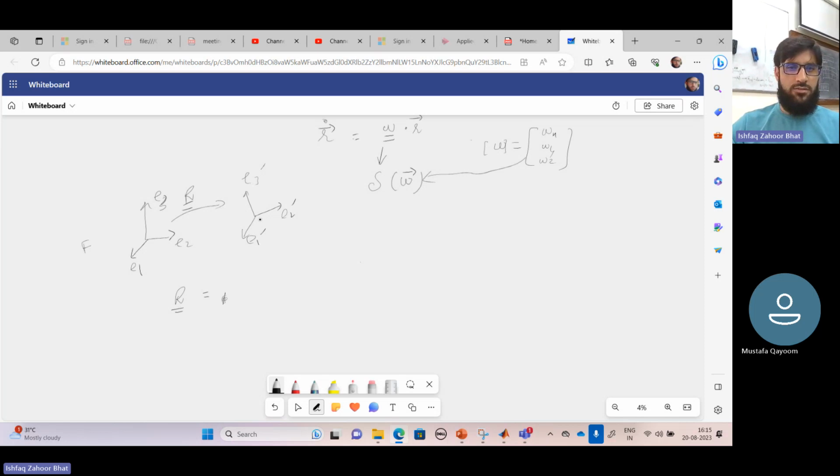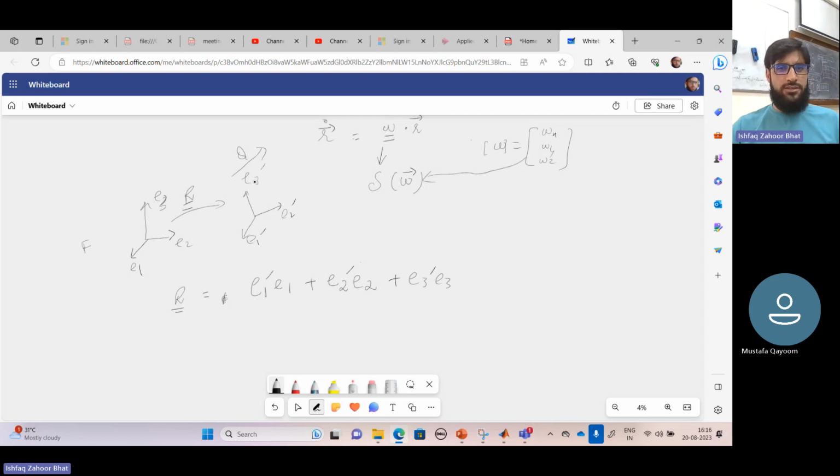This R is equal to E1 dash E1 plus E2 dash E2 plus E3 dash E3. Okay. So now if you have any vector, say vector Q.